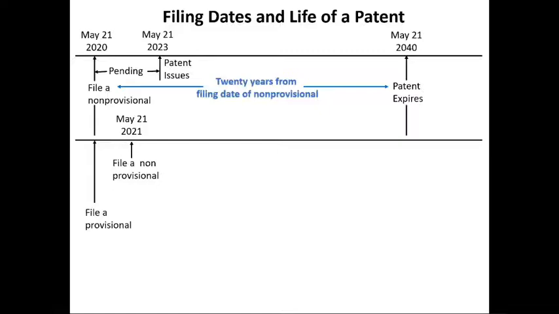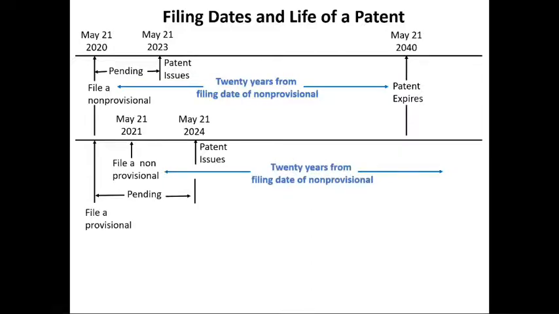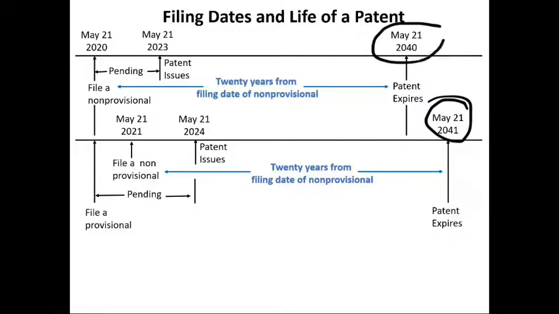Now, if your patent issues in about the same time period of 3 years, so a total of 4 years from when you filed your provisional to when your patent issues, the patent life is still determined by 20 years from the filing date of the non-provisional. So that brings you out to May 21, 2041 versus May 21, 2040 if your first filing had been a non-provisional.